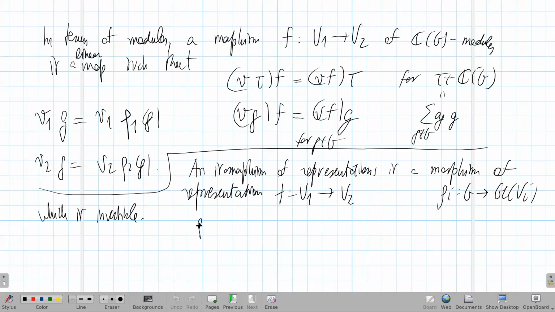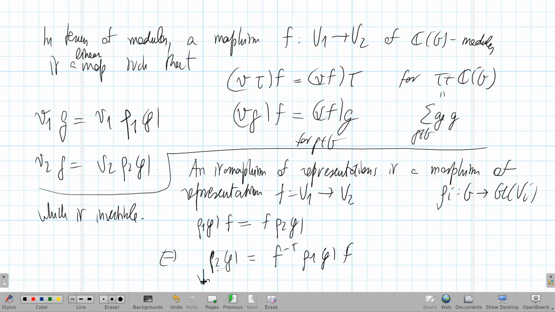So we have rho 1 of G F equals F rho 2 of G. But if F is invertible, this is equivalent to writing it the other way. Just a second. Yes, that rho 2 of G, I prefer to write like this, will be F inverse rho 1 of G F, okay?